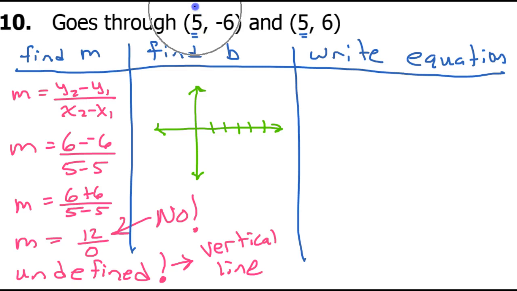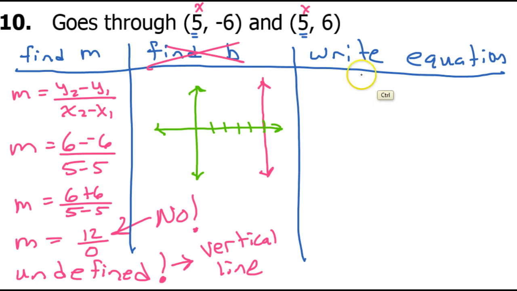I'm picking 5 because I see the x values are both at 5. So that means I have a vertical line at 5. So here's my vertical line at 5. Boom. That's my line. Is this line ever going to touch the y-axis? No. So there is no b value. That's why I'm skipping this step.